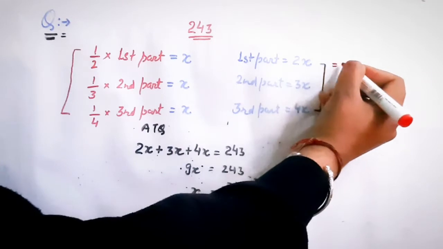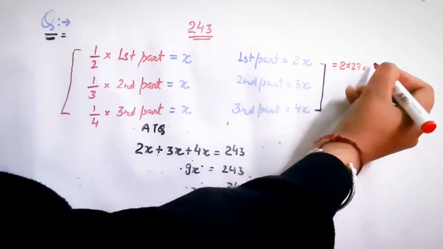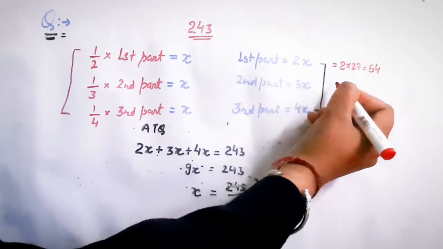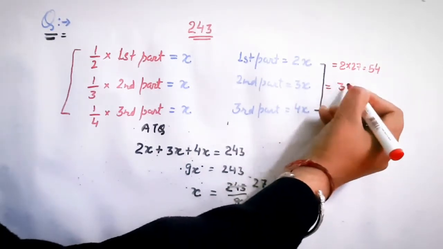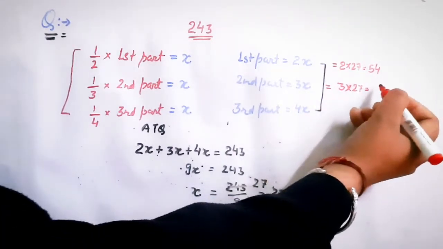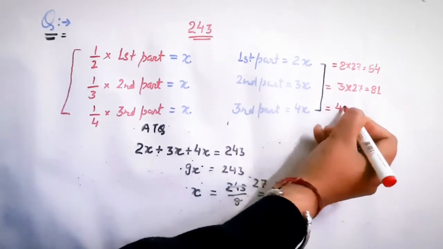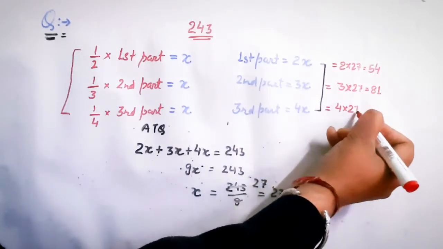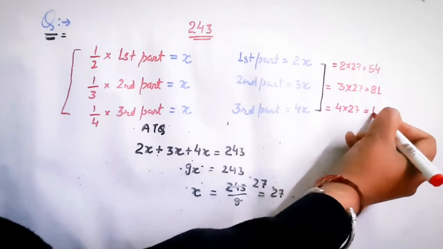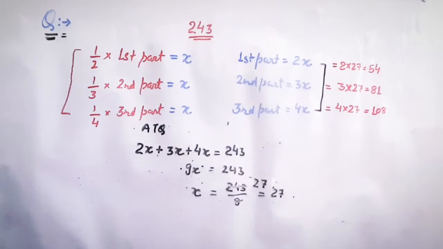First part will be 2 multiplied by 27, which is equal to 54. Second is 3 multiplied by 27, that is 81. And third is 4 multiplied by 27, which is 108. And their sum will be 243. This is your required solution.